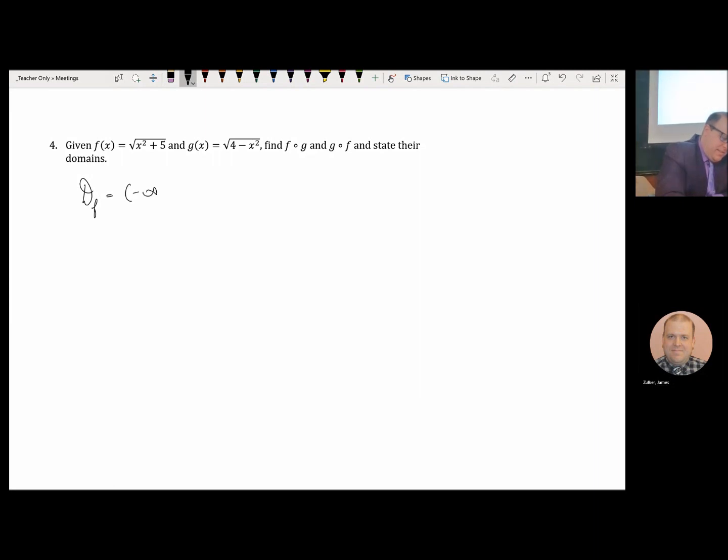Everything. x squared plus 5 will always be non-negative. In fact, it'll always be positive. You can't even get 0 out of this. Right? What about g?